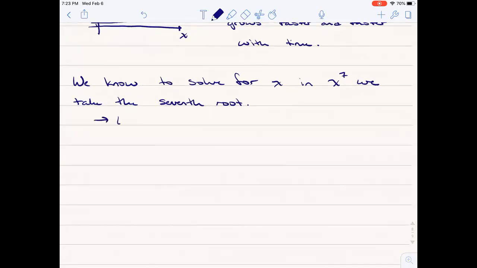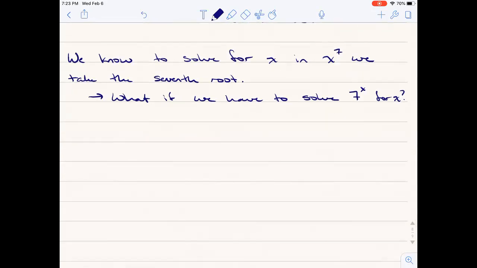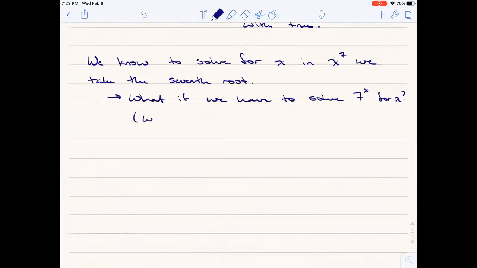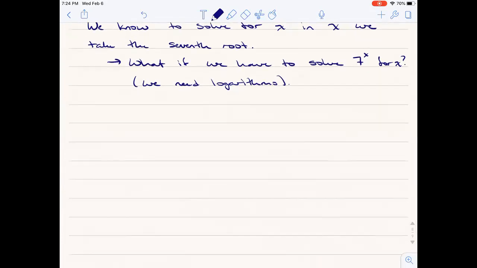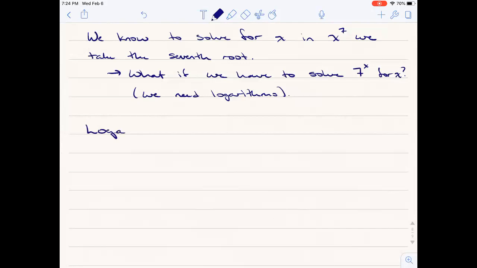What if we have to solve 7 to the power of x for x? We need logarithms.